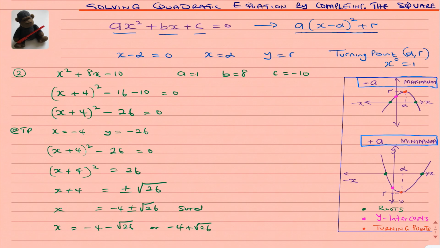Now we can sketch this curve. Or to leave the answer in decimal, so x equals, in your calculator in this case, you do minus 4 minus root 26, and that will give us minus 9.1 roughly, and the next one is minus 4 plus root 26.